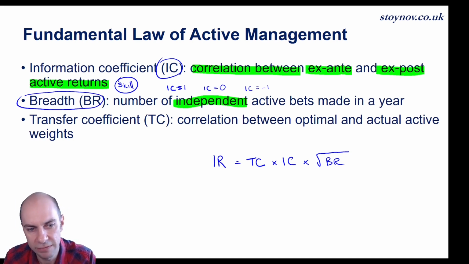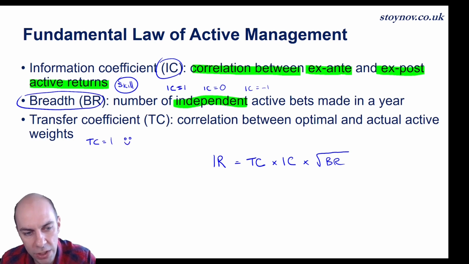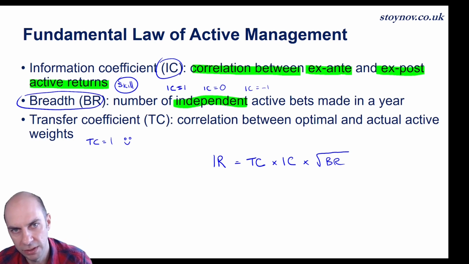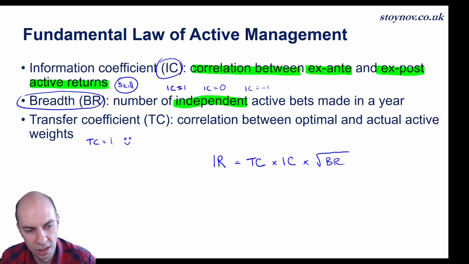And then the transfer coefficient measures the degree to which our manager is unconstrained or constrained. So a transfer coefficient of 1 means that I am fully unconstrained. Think of yourself as some kind of unregulated shadow banking type of global macro hedge fund that can do anything it wants.